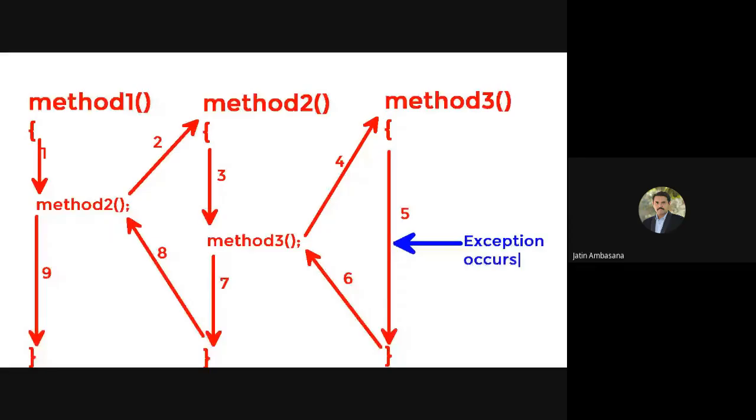What happens when the exception occurs? So see, the JVM checks whether there is any try catch block put. If there is no try catch block over here, try over here and catch block over here, it stops executing at this point.